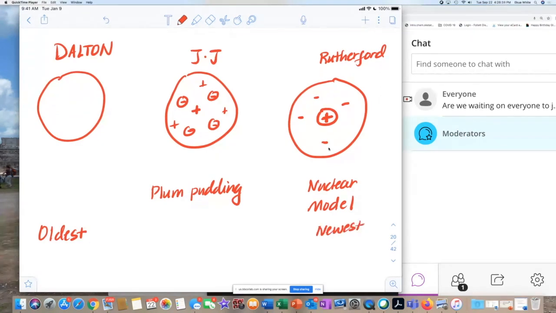Now we have two more models to discuss. We have the most popular model, the one from Bohr. You know, if you've watched Jimmy Neutron or if you've watched Big Bang Theory, that's the one that Hollywood likes, Bohr's model, right? If they have some kind of science movie, they show Bohr's model. None of these other models make it in the science movies.